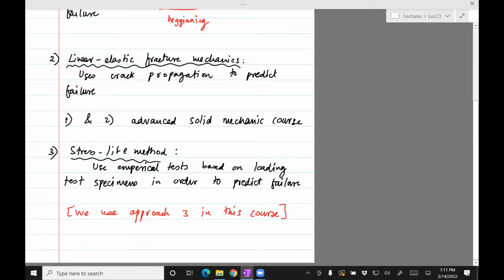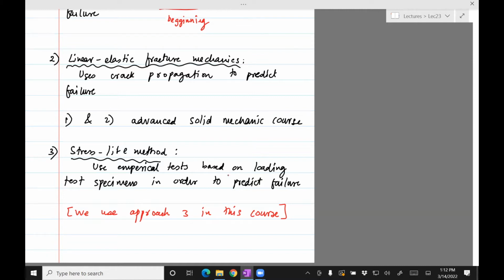We take a test specimen, we load it, and we make plots representative of failure, typically the stress and the number of cycles to failure. From that, we can predict when a material will fail if it is put in a scenario where it is part of an automobile or a ship or a train or whatever. So let's do number 3.